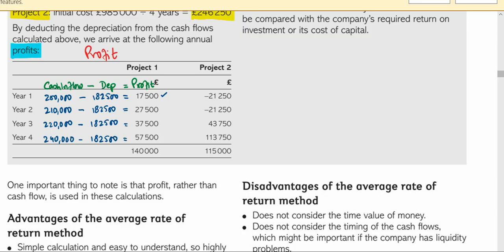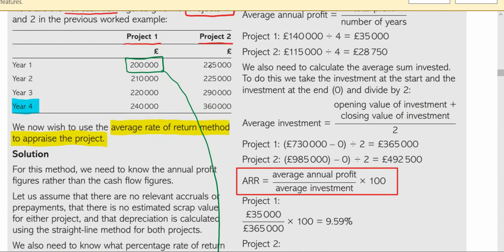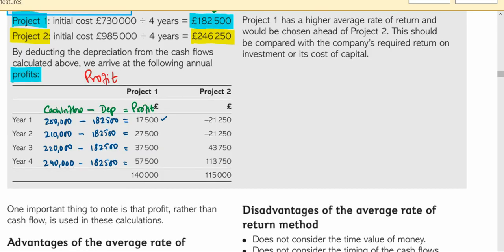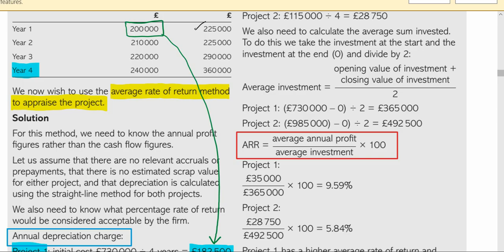Okay, so for project 2, what to do? For project 2, the return is 225,000. So how does it come? Cash inflow less depreciation. Cash inflow is 225,000 for year one.